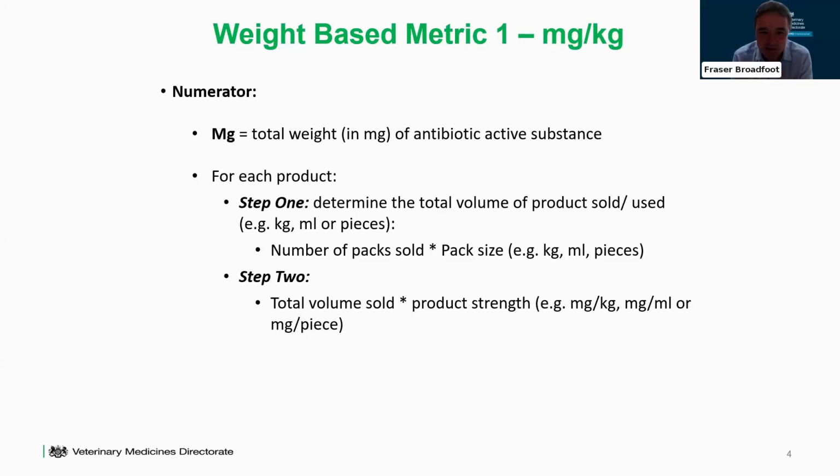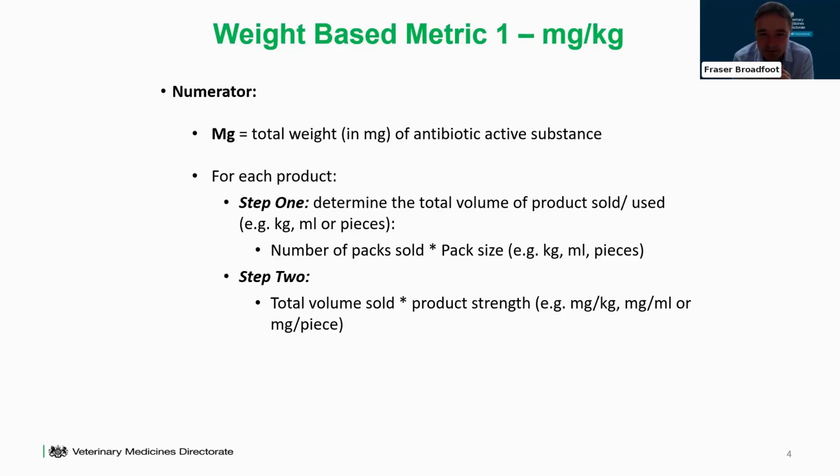So if you know the product comes in a one kilogram pack size, and that there are 100 packs sold, then you know that 100 kilograms have been sold. That's usually all the core information: how many packs of a particular antibiotic have been sold, and then you multiply that by the size of those packs to give you the total volume of antibiotics sold.